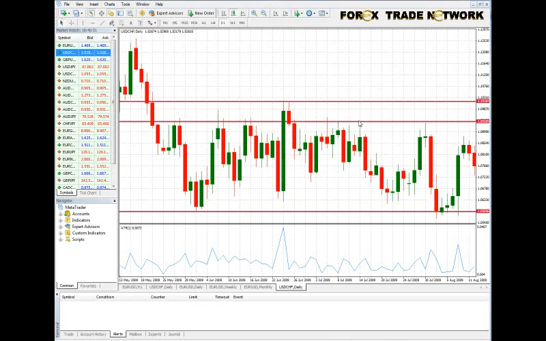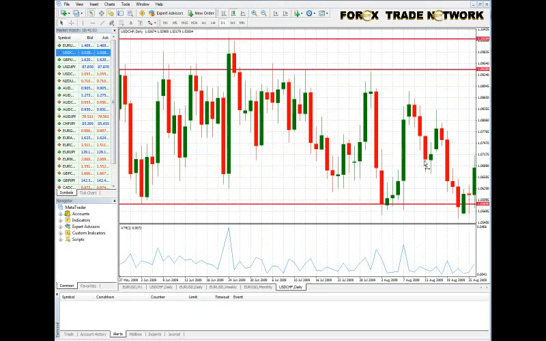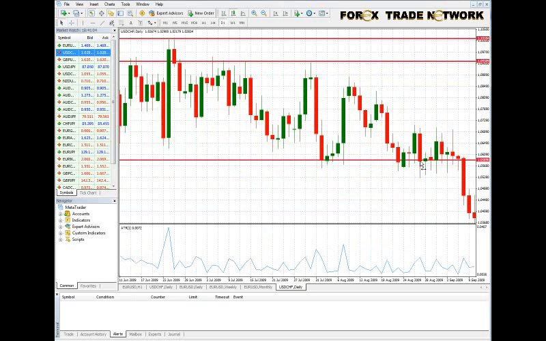Okay, you can see this level here moves up, bounces off that level, comes back, bounces off that same level that we previously identified. Let's see what happens as we move on. Okay, bounces off the level, goes up, doesn't quite make it, comes back down. It's pretty even along here. This period in which the price moves back and forth is known as congestion and consolidation as well.